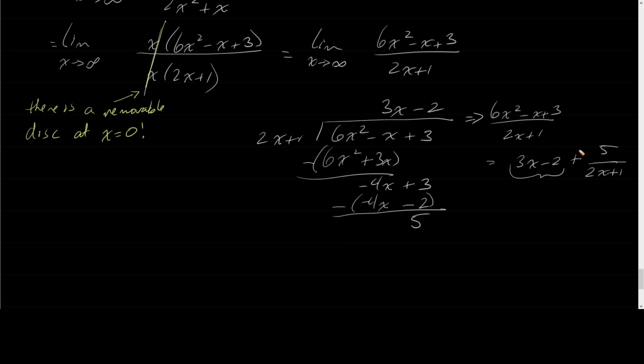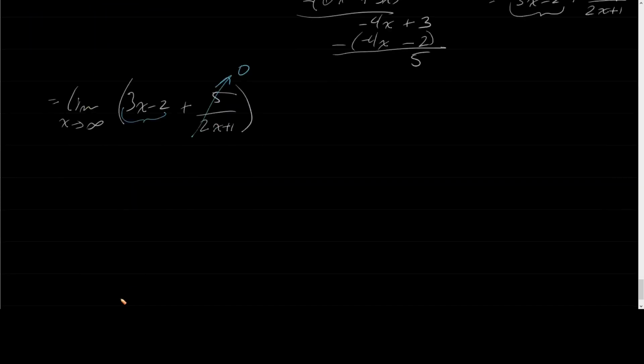As we take the limit as x goes to infinity, we end up with 3x minus 2 plus 5 over 2x plus 1, and this fraction here ends up going to 0. So 3x minus 2 is the overall driving force of the function.